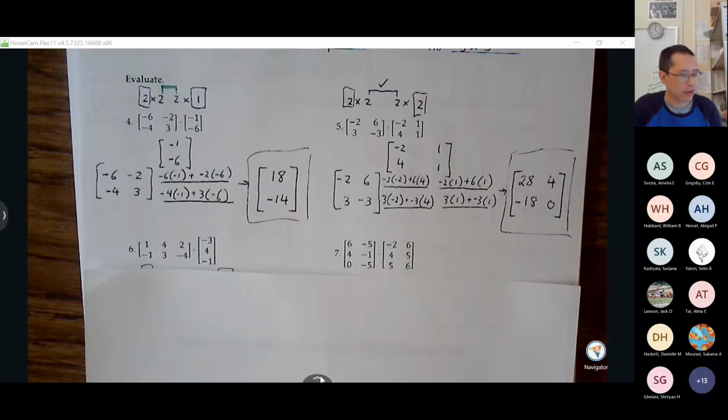Number 6, we have a 2 by 3 matrix paired with a 3 by 1 matrix. Inner dimensions, they do match. And we're going to end up with a 2 by 1 matrix.